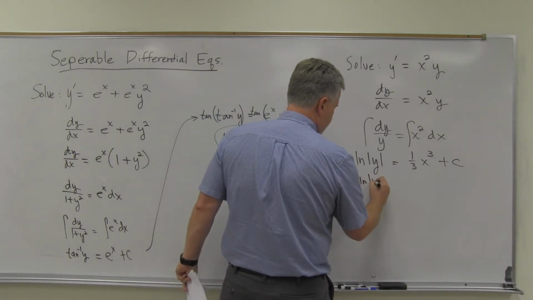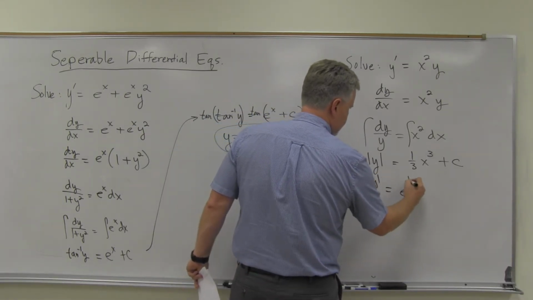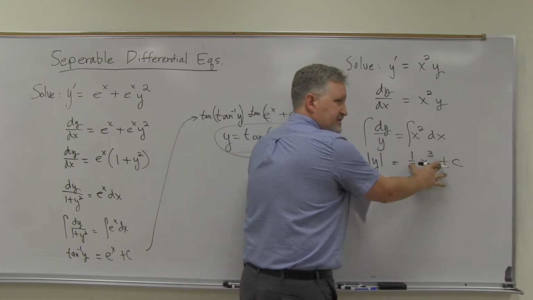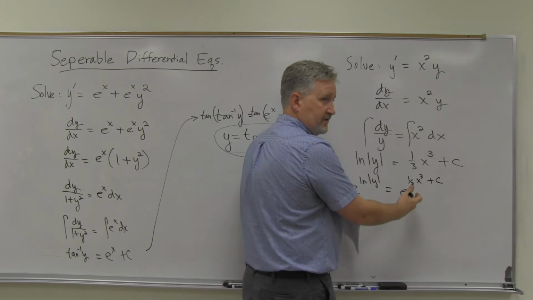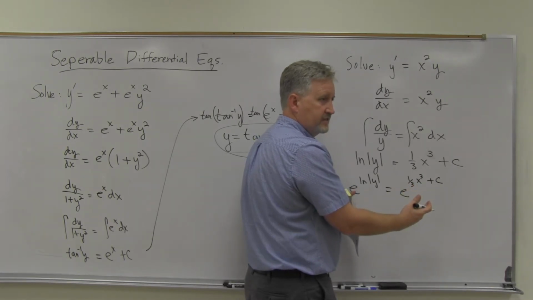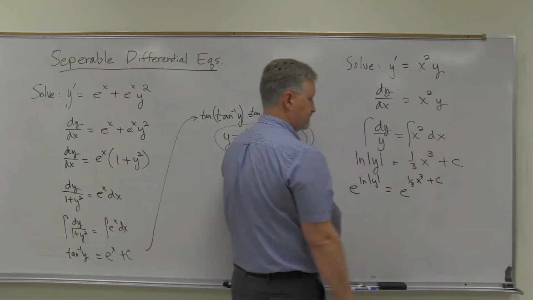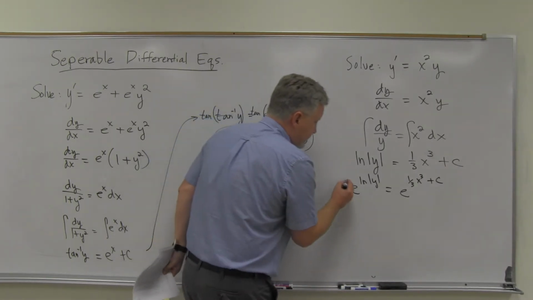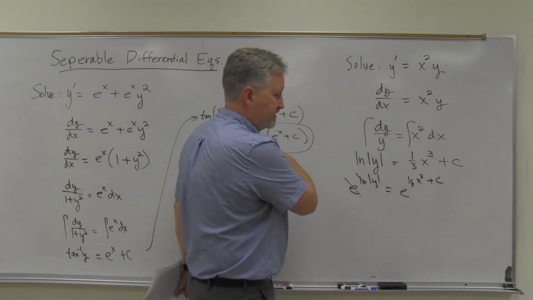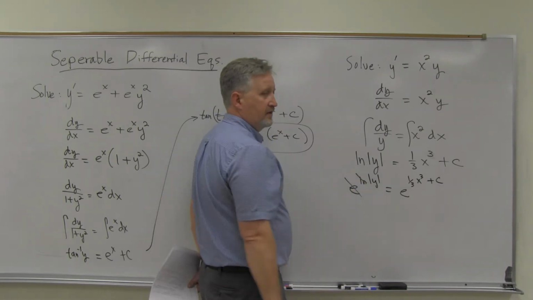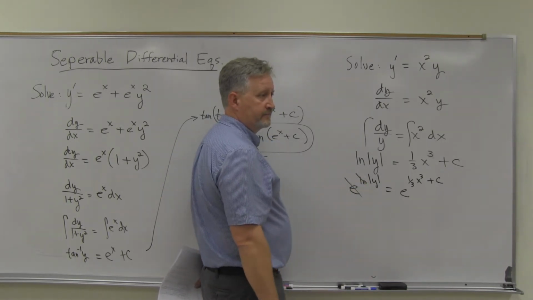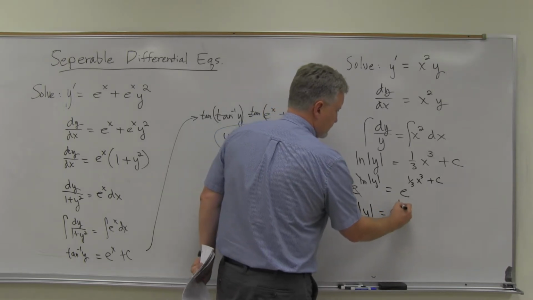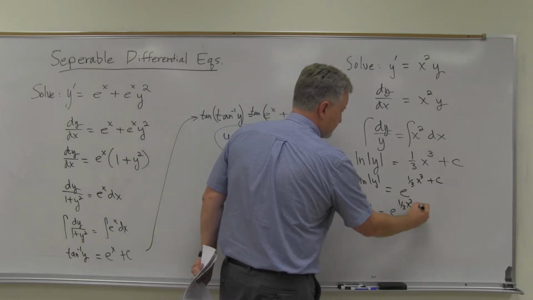In other words, make both of these sides be the power of e. See what I'm saying? Just like the tangent inverse, they cancel one another. That will cancel out the e and the ln, and we just get the absolute value of y equals e to the 1/3 x cubed plus c.